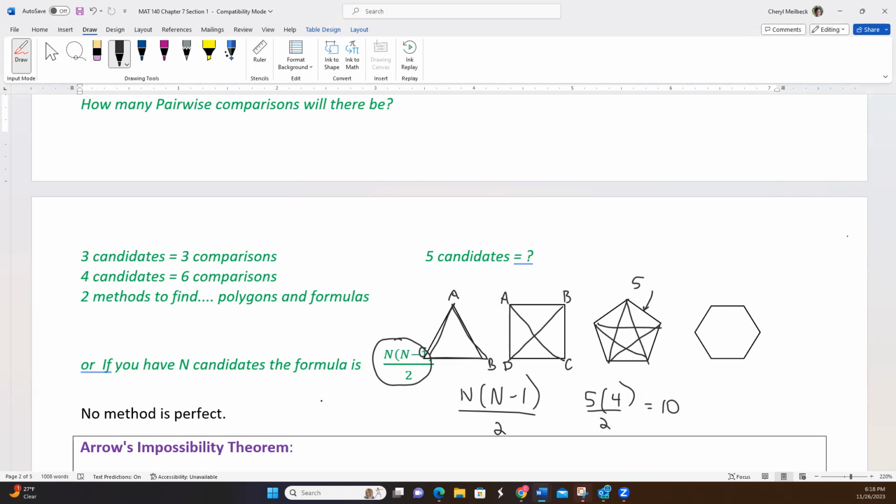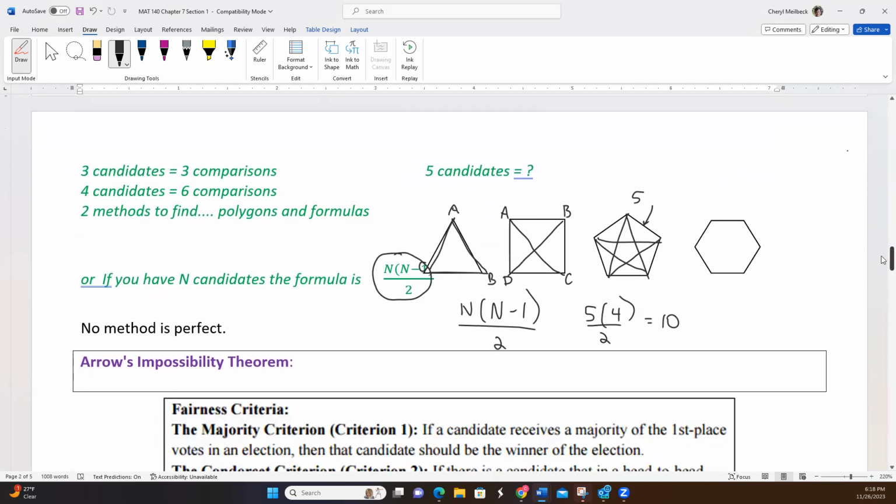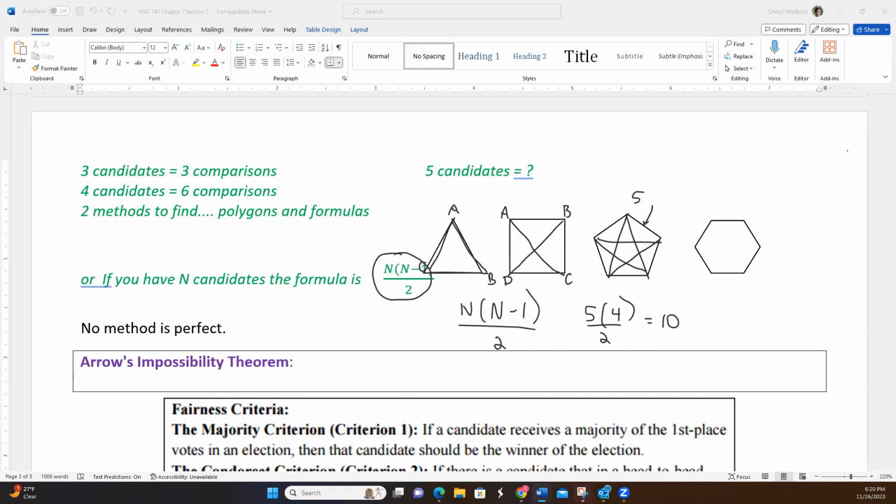Now, when you have a preference schedule, you'll run into something called Arrow's impossibility theorem, which says that there is no perfect way to count all the votes. What Arrow's impossibility theorem actually states is that no voting system can satisfy all four fairness criteria in all cases.